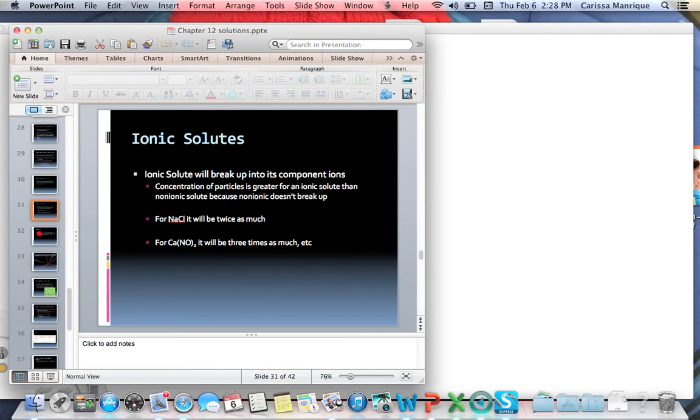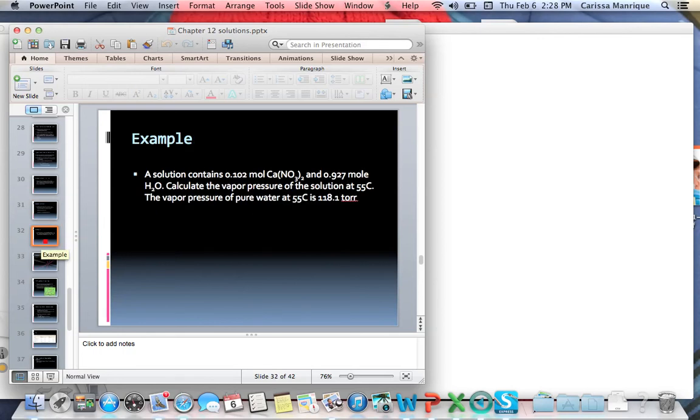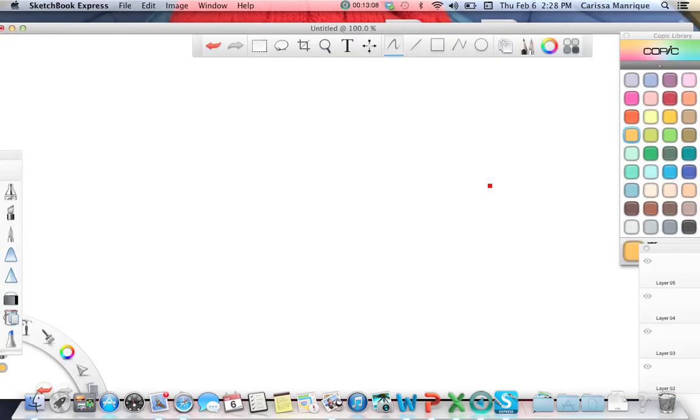So let's look at this in action. In a solution, it's the same formula, except now we're having an ionic compound instead of a molecular one. A solution contains 0.102 moles of calcium nitrate, Ca(NO3)2.